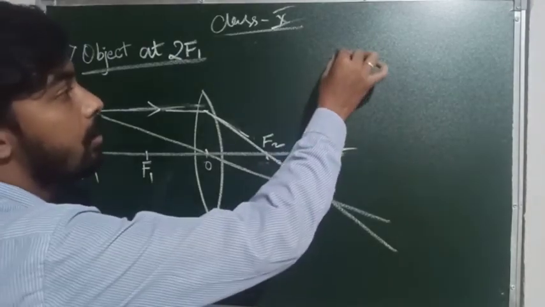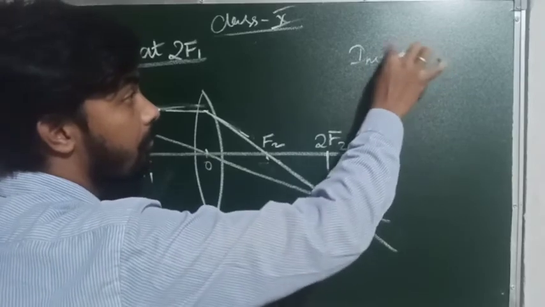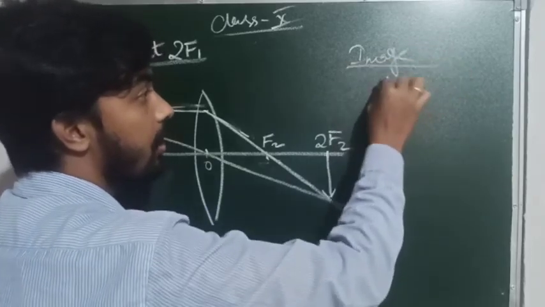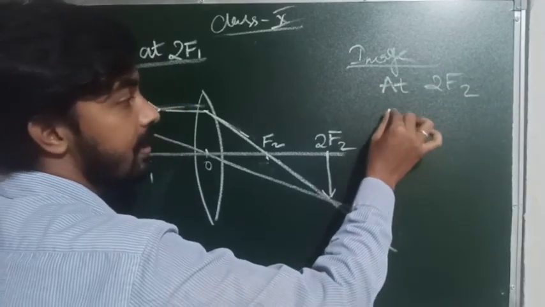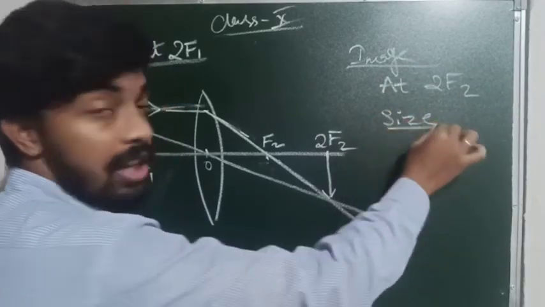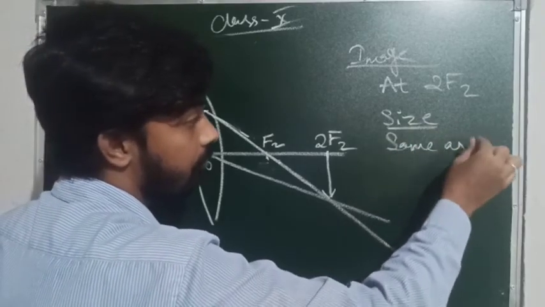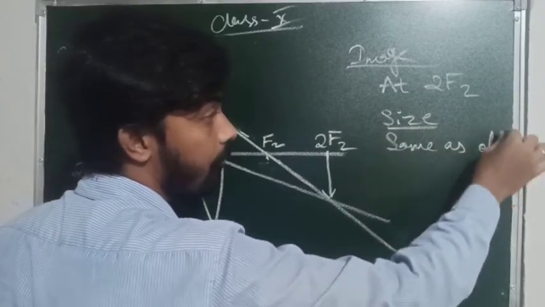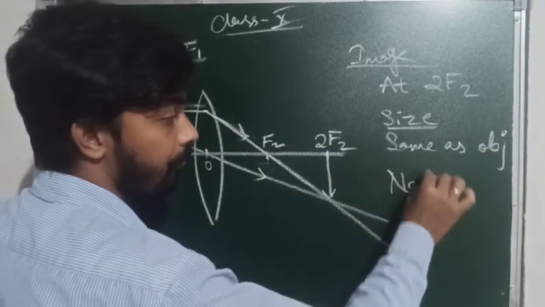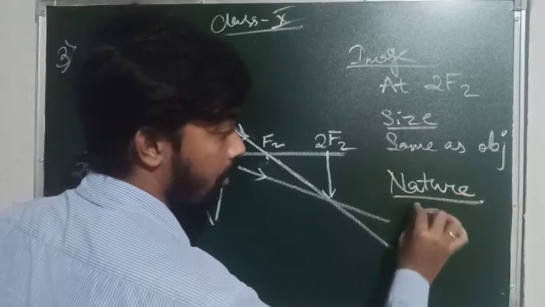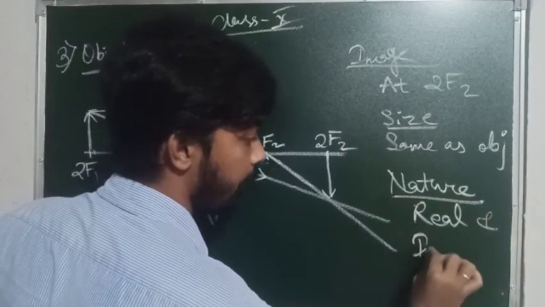Now here, image at 2f2. Then size, the image will be same as the object. Nature, real and inverted.